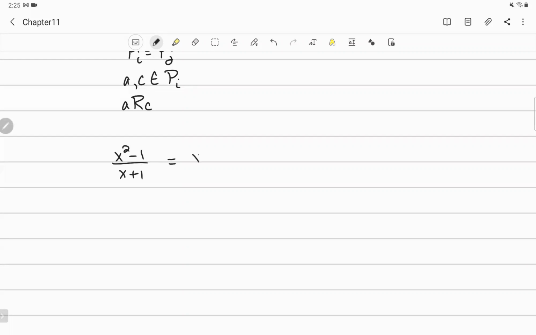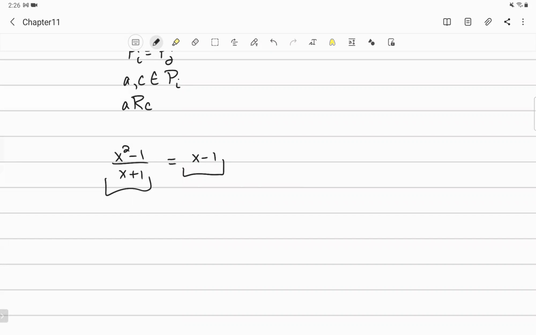Divide out by the x plus 1 and get x minus 1. Yeah. According to algebra, these are technically a tiny bit different. Why? What's the difference between this function and this function? Yeah, so that first one, I technically can't plug in negative 1. I can't divide by 0. The graph of that would technically have a hole at negative 1.